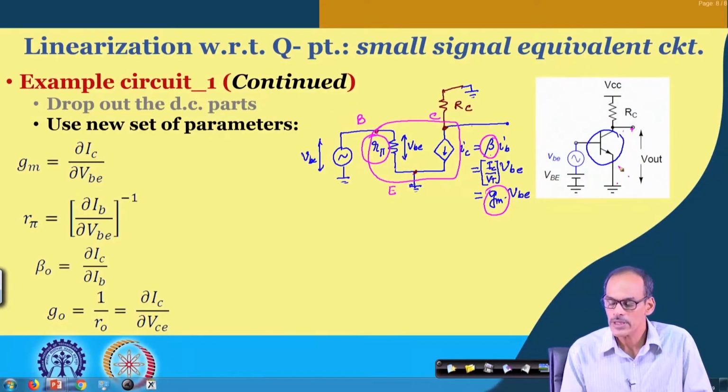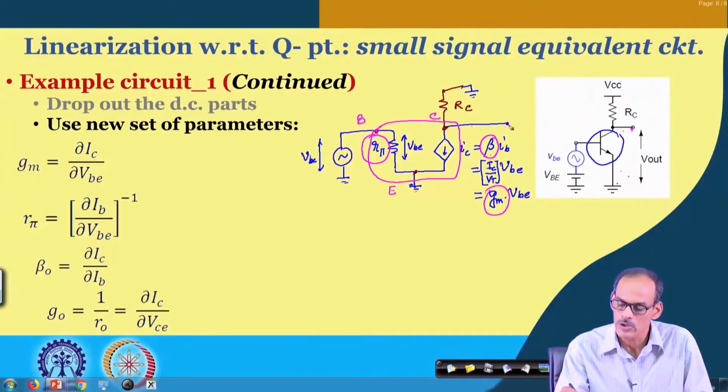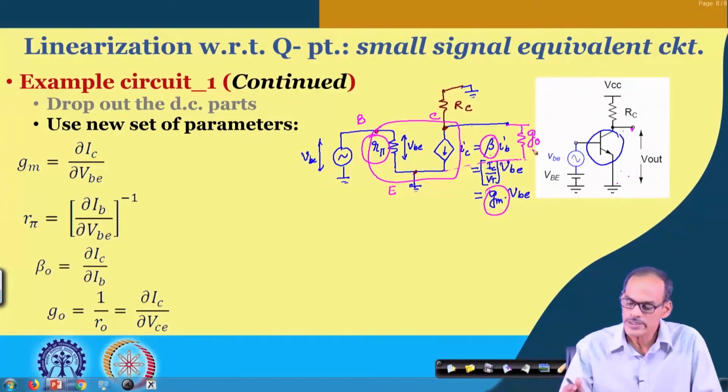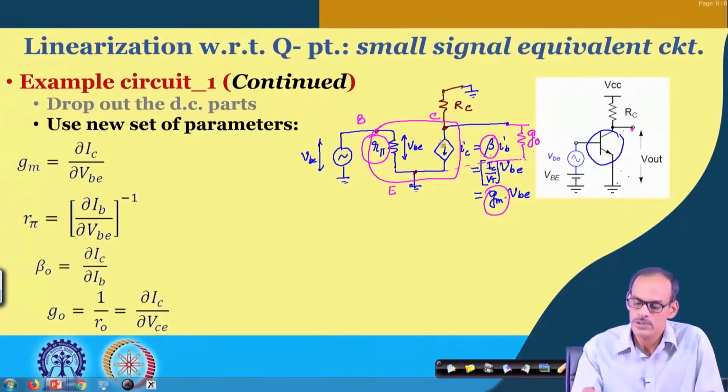If you consider that part also, then across this current source there will be another conducting element, which goes to the emitter. This conducting element is referred to as output conductance. As you can see, this we refer to as output, so that is why it is called output conductance, and that is the meaning of each of these terms involved with this equivalent circuit.